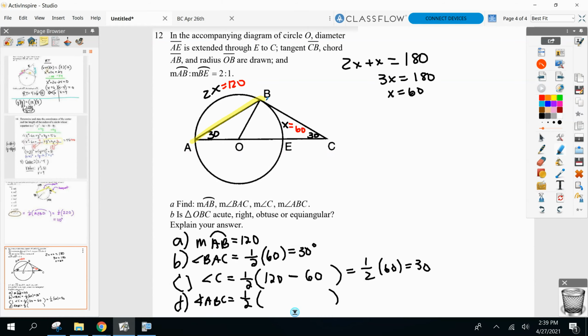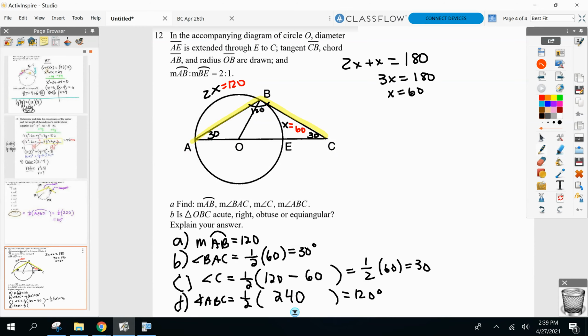So A, B, C. It's the 180 degree semicircle and the 60 degree arc. So total 240. So I end up with 120 degrees for angle ABC. So I figured out everything in part A.